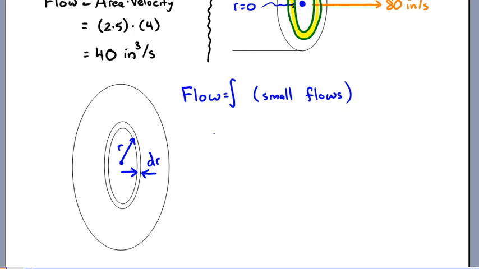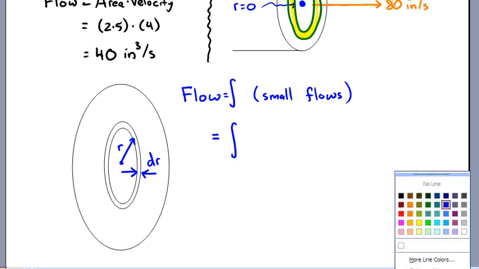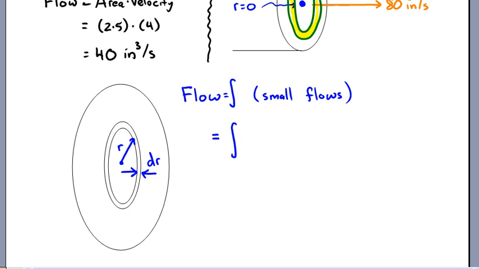So the overall flow is going to be a sum of, now I just have to think about how much flow I would get from just this little section of the pipe. It's got a small little area to it, and then there's some velocity there.